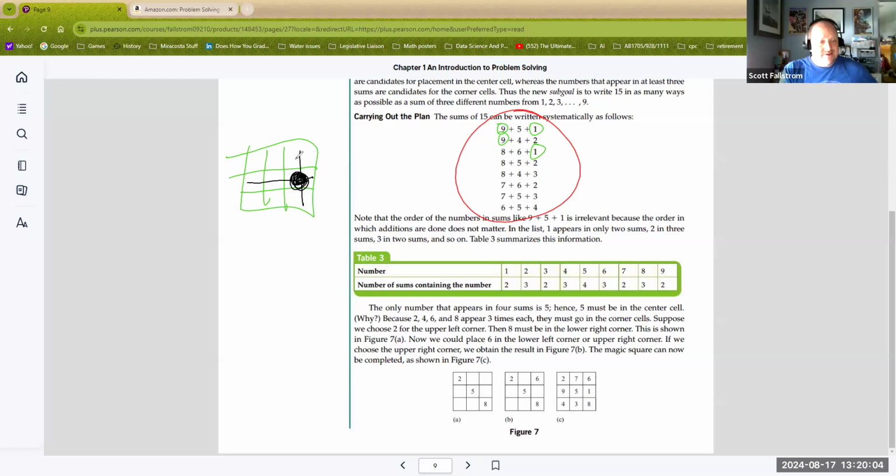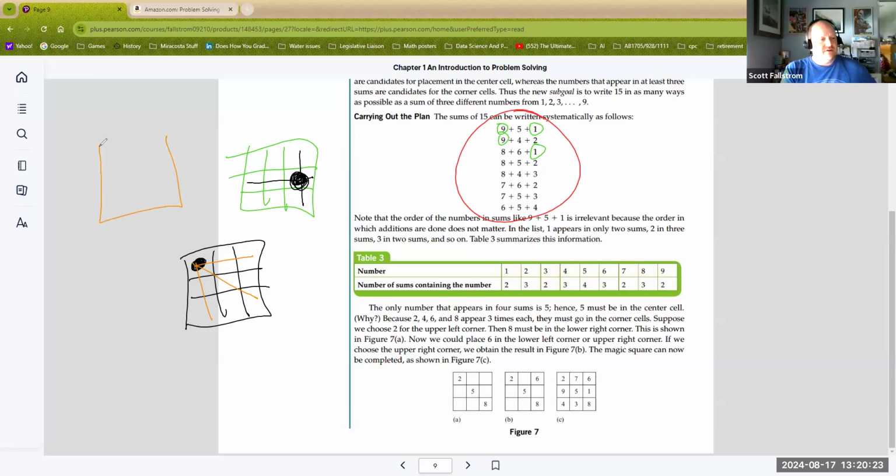And the reason why is if it was anywhere else, like let's just say I put the number 9 here, then it would have to appear in this diagonal, and the across. That's 3. It would have to appear 3 times. So that's not good.